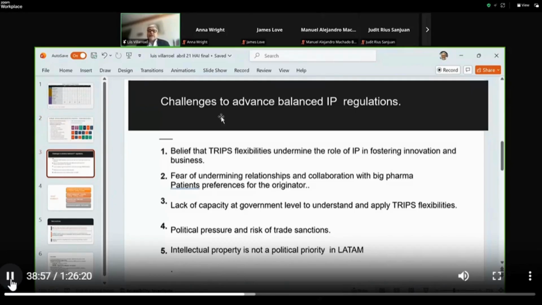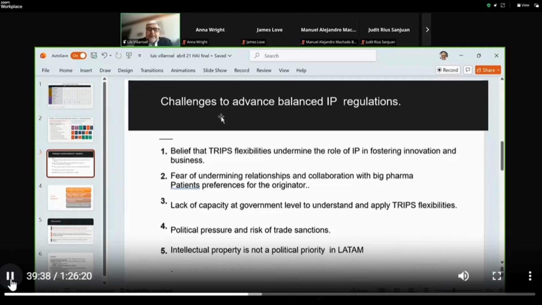And so when we go to change these laws and try to implement compulsory licensing, we face some important challenges. First, as has been mentioned, like in the case of the Dutch, there is an honest belief among many stakeholders that the TRIPS flexibilities will undermine the possibility of getting investment in innovation. So you have a problem there, because we need to explain how it works the other way.